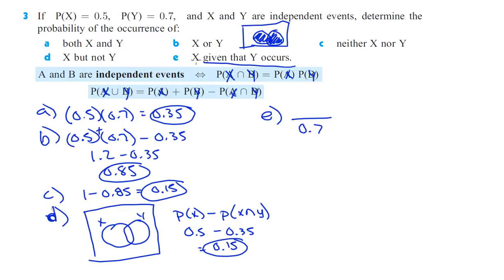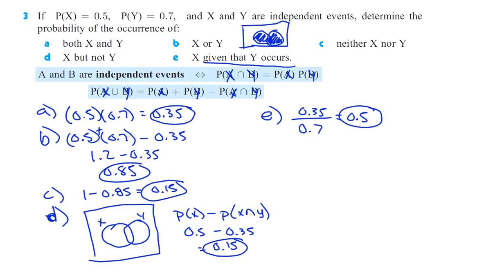So what's the probability that X happens? Given that Y happened, what's the probability that X is going to happen? That's that intersection piece there, the 0.35. So if you take 0.35 and divide it by 0.7, 0.35 is exactly half of 0.7, so that's 0.5, or just 1/2.